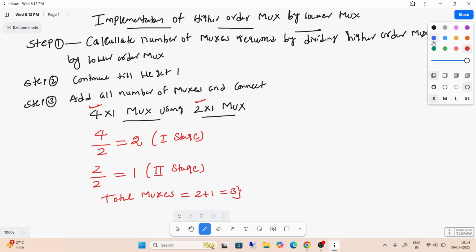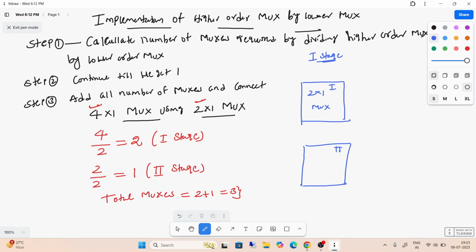So here I am implementing this mux using 2 cross 1 muxes. In the first stage, two 2 cross 1 muxes are required: the first 2 cross 1 mux and the second 2 cross 1 mux.